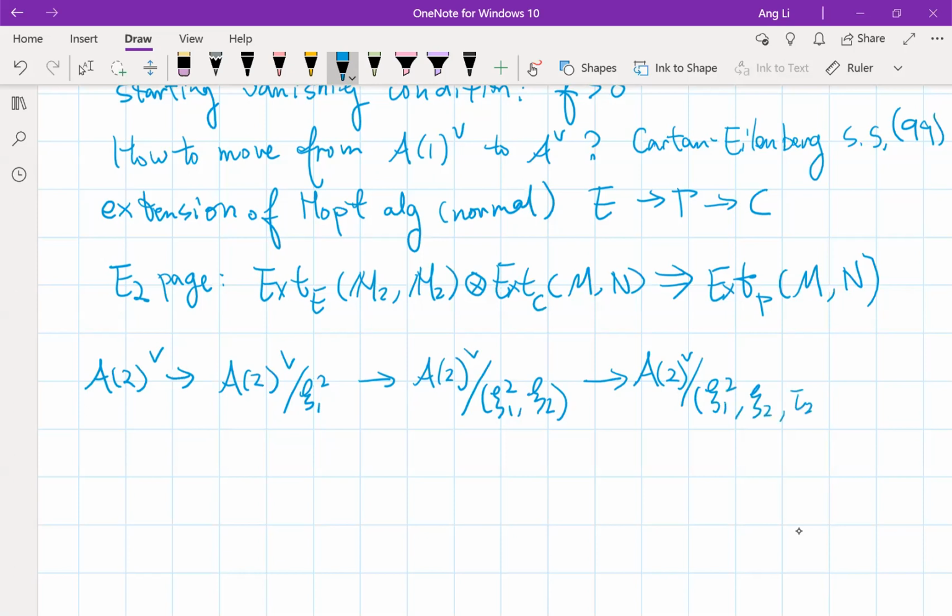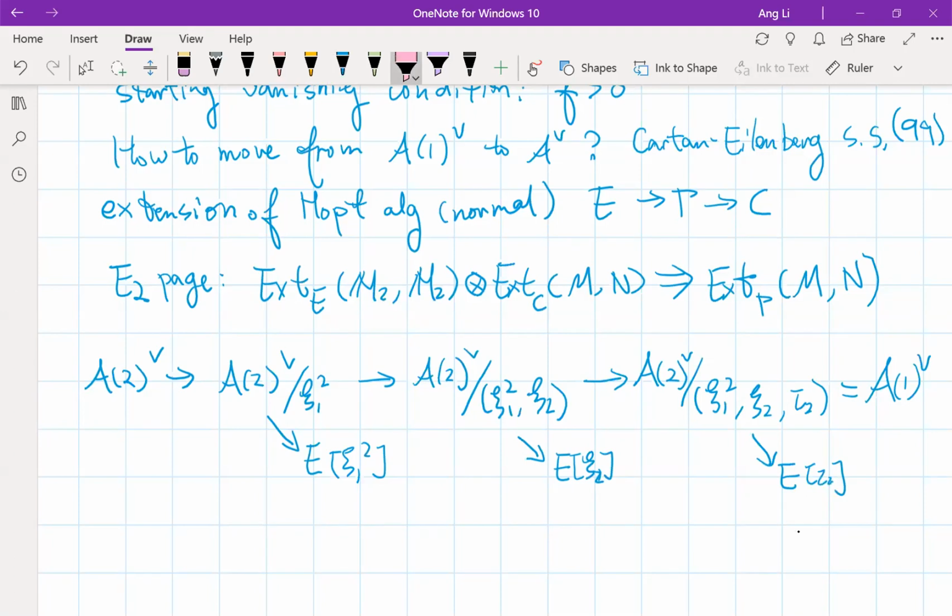It's only some generators with some notation.